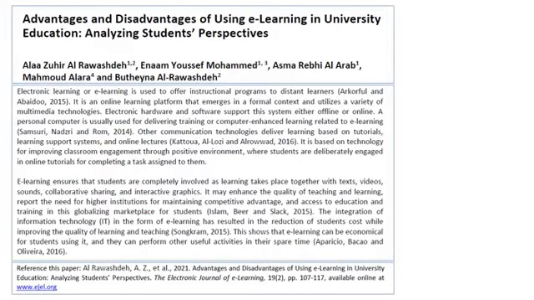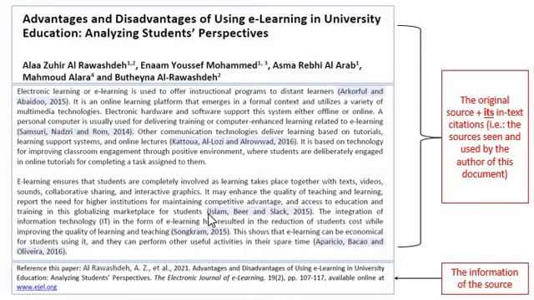Now let's look at an example and explore the difference between in-text citation and secondary citation and referencing. Now this is an extract from this source. This is the title and these are the authors of this extract, and this is how the information of this source is put together as an entry on the list of references. Now the parts highlighted in blue are the in-text citations included within this source.